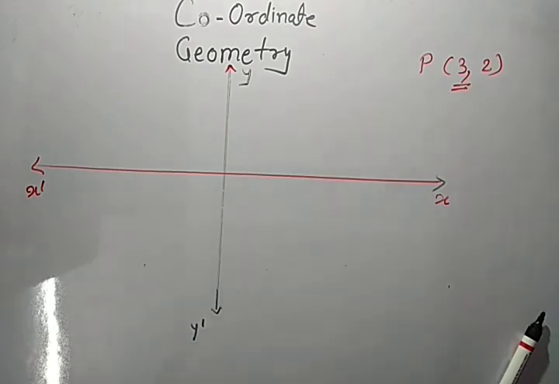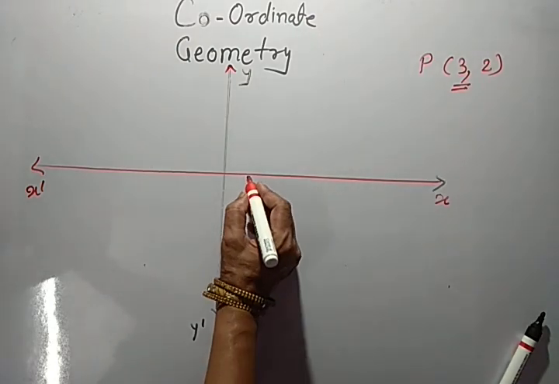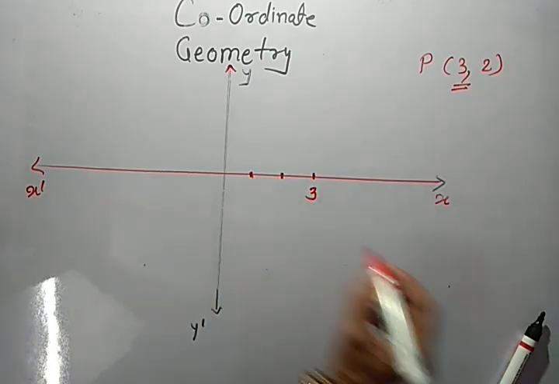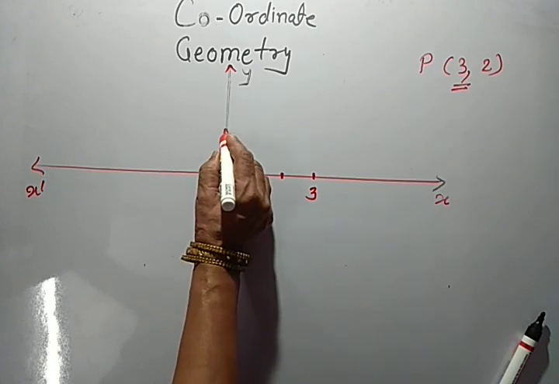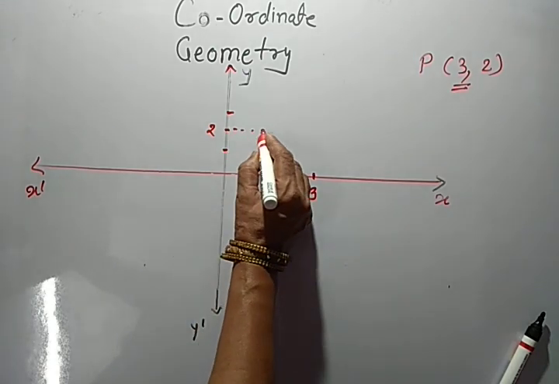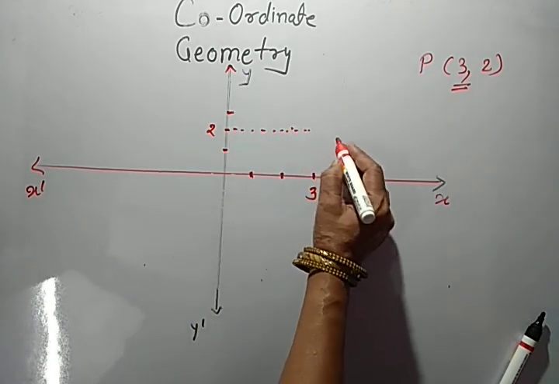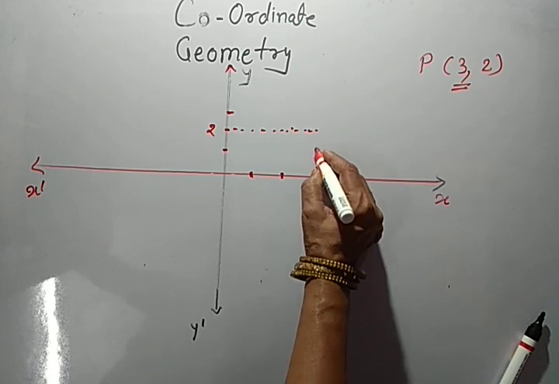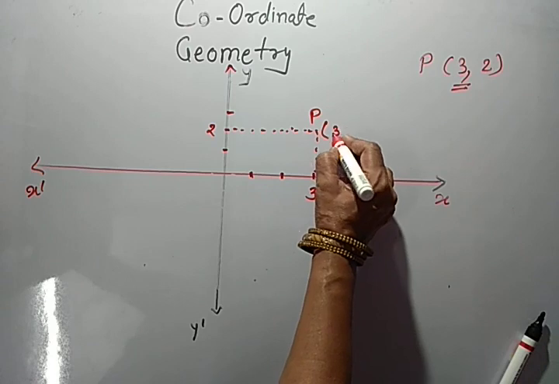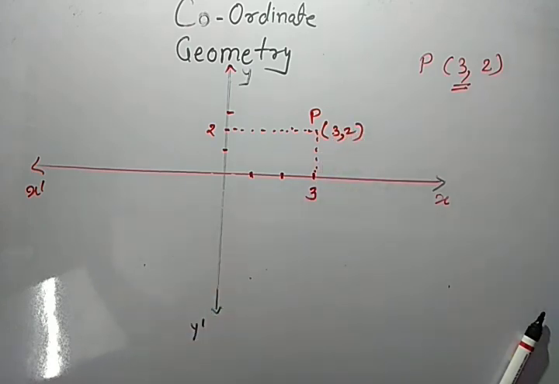We first find the x coordinate on the x-axis, here 3, and then the coordinate on the y-axis, here 2. P (3, 2) is the point of intersection of the lines x = 3 and y = 2.